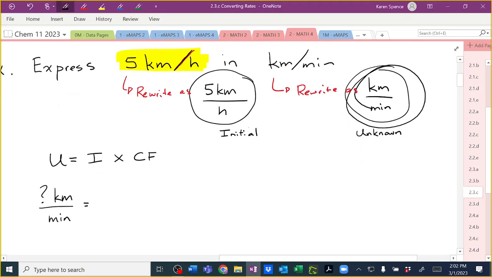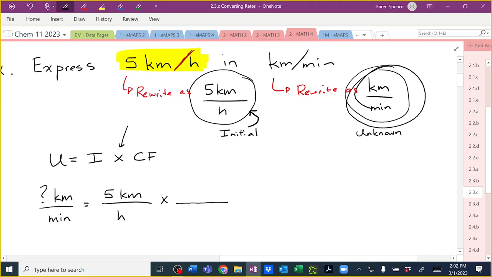My initial quantity, 5 kilometers per hour. So we're going to write that down, 5 kilometers per hour. Then we're going to write times and a line so that we can put something on the top and we can put something on the bottom.